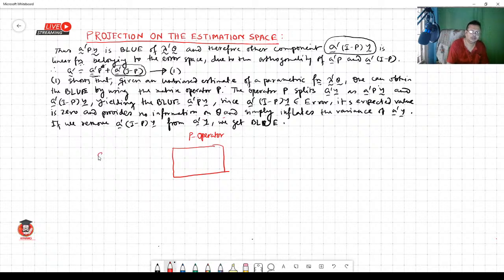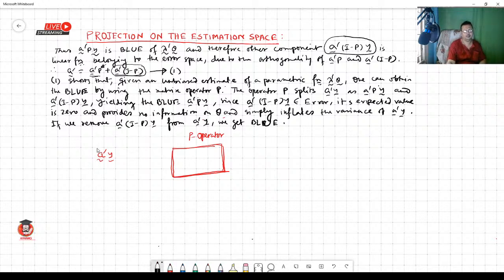We start with any unbiased estimator A'y of λ'θ, and this is a machine first. I denote this machine by this box, and the name of this machine is the P operator.